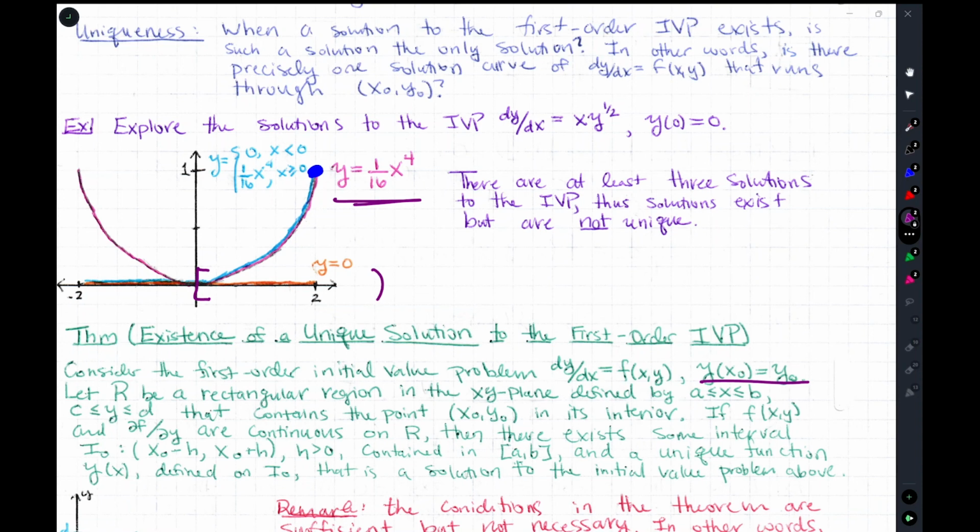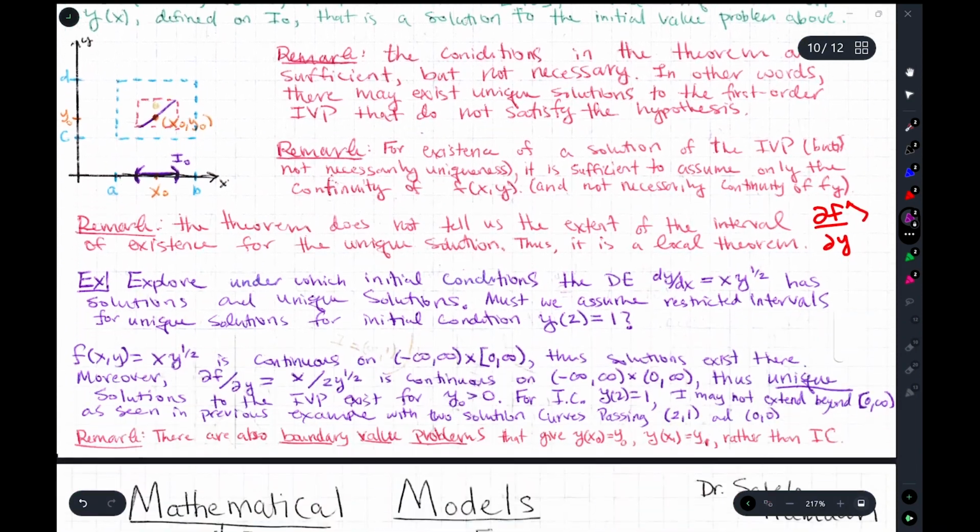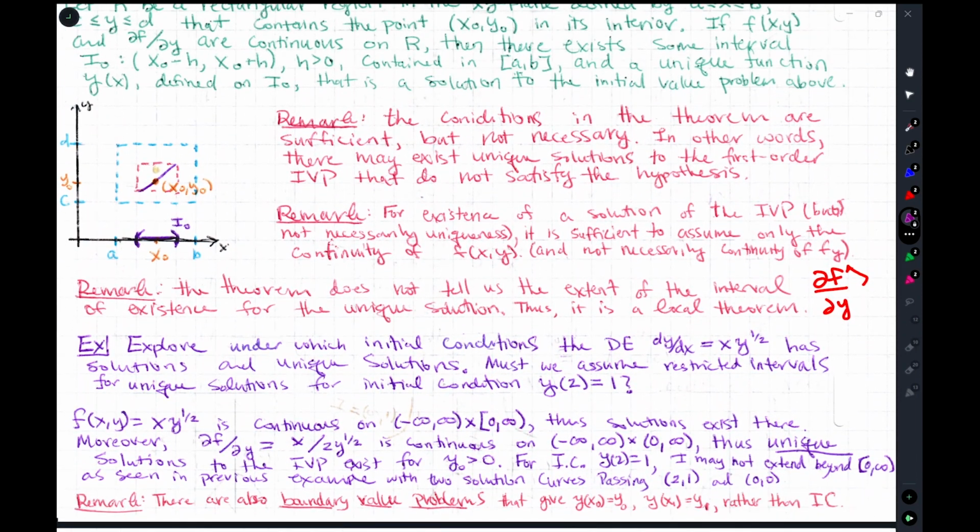Okay, and notice that's actually a pretty big interval. The theorem actually just tells us that around some interval that contains this initial point x naught, you'll get a unique solution. Here we see we could extend it from 0 to infinity, and that's what I mean over here.